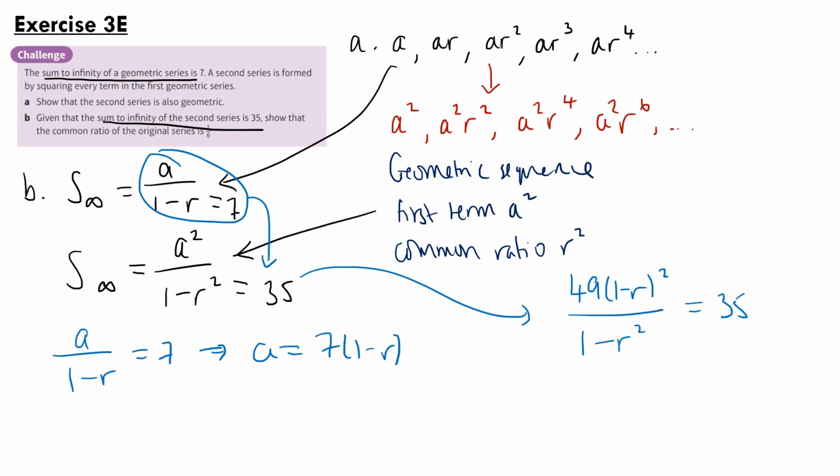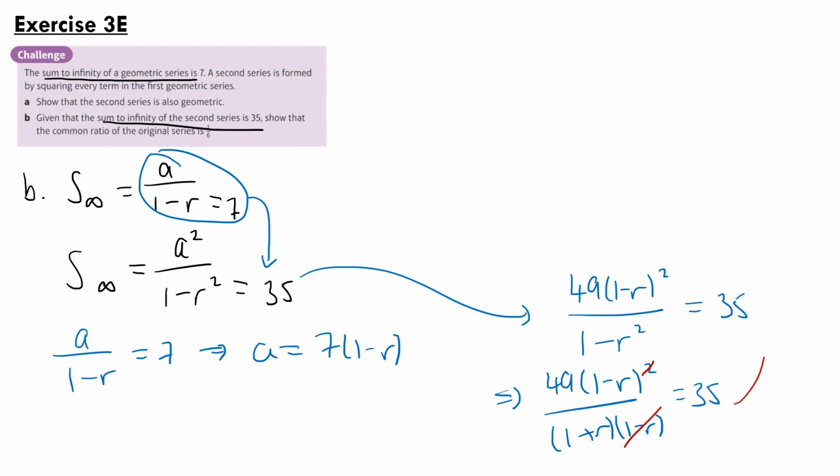And this denominator we can factorize using a difference of 2 squares. So we have 49 lots of 1 minus r squared over 1 plus r, 1 take away r, that equals 35. And here we can cancel 1 factor of 1 minus r. And what we're left with is 49 times 1 minus r over 1 plus r being equal to 35.